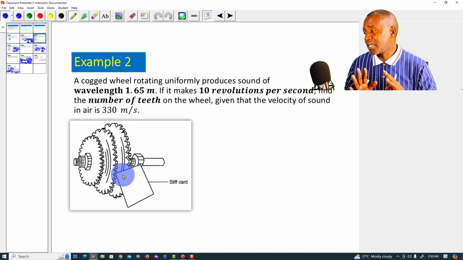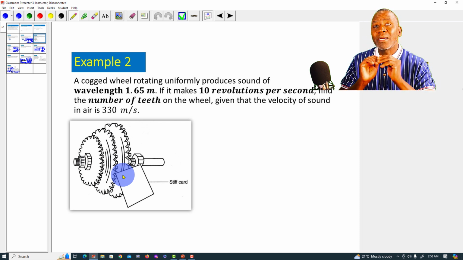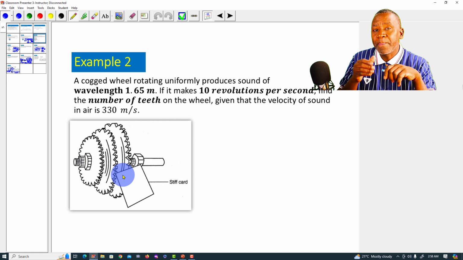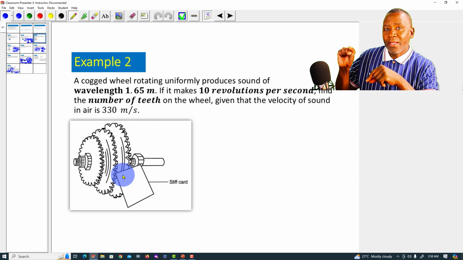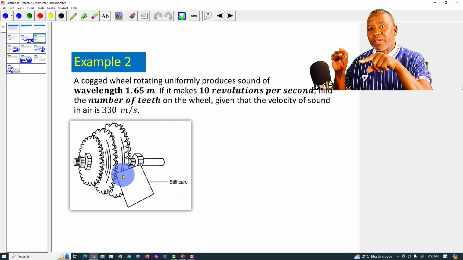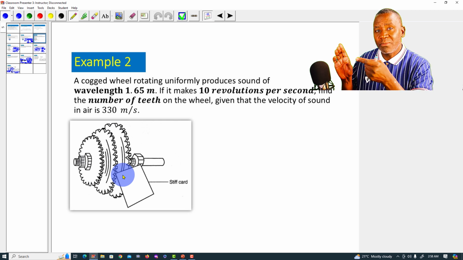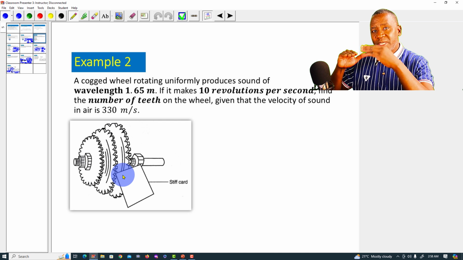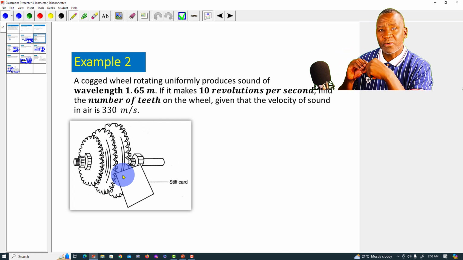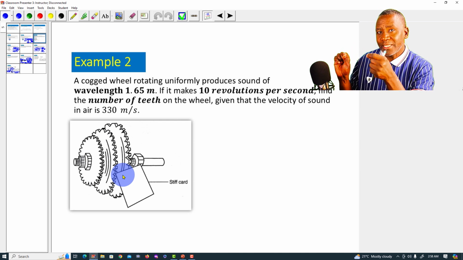In fact, one of the examples we use in the lab to demonstrate that sound is produced when objects vibrate is you can get a meter rule, clamp one end and then you allow the other end to vibrate, it's going to produce sound. Look at a drum that we use in music. When the skin of the drum is vibrating, it's going to produce sound. How about the wire of a guitar?